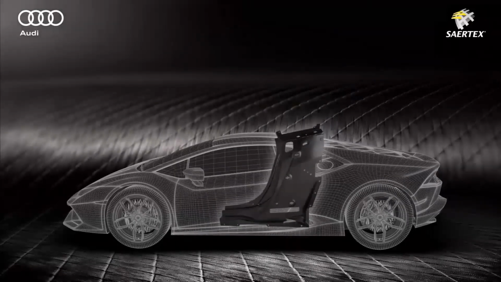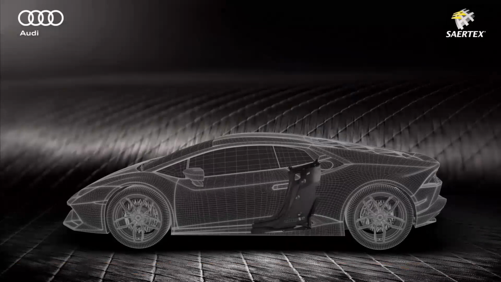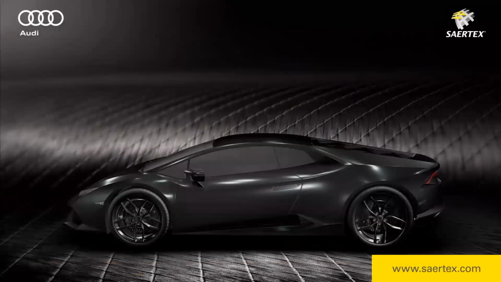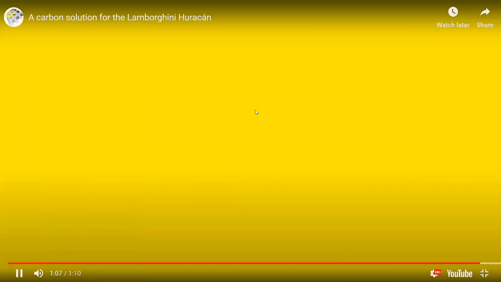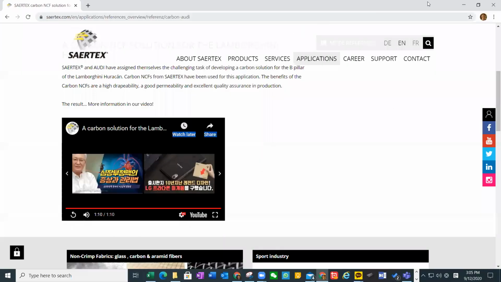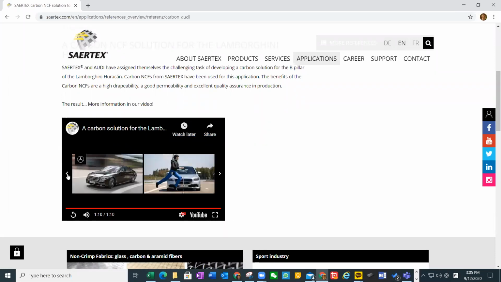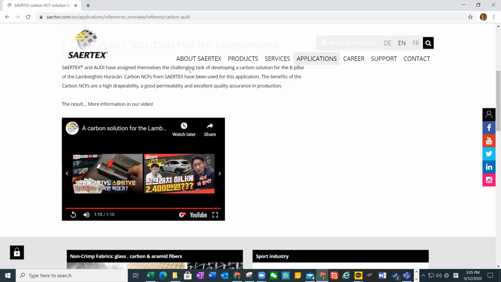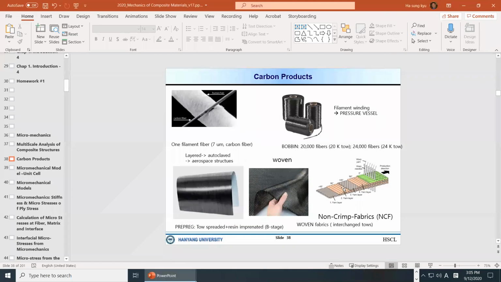Once we have this dry NCF, then we infuse some resin, and this is the NCF procedure.